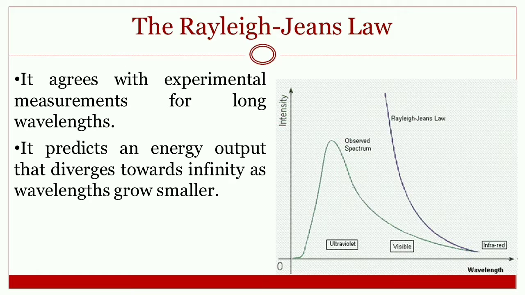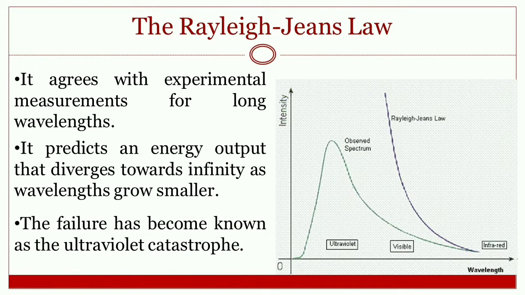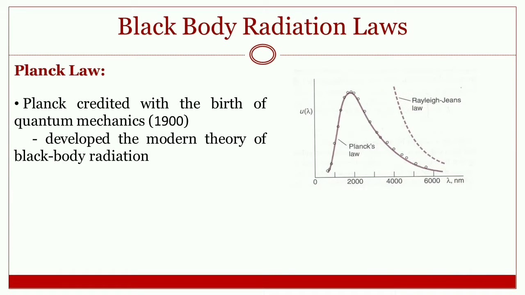It predicts why the energy diverges towards infinity and never touches the x-axis. As frequency increases, the energy density gradually increases and becomes infinite when frequency becomes infinite, which is known as the ultraviolet catastrophe.